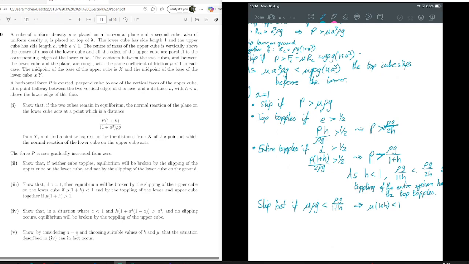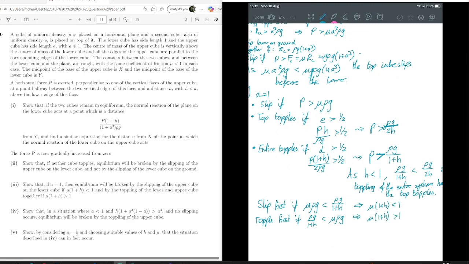And I'm checking, show that if A equals 1, the equilibrium will be broken by slipping. Perfect. And we'll topple first if the toppling condition is easier than the slipping condition, which is exactly the opposite way round.